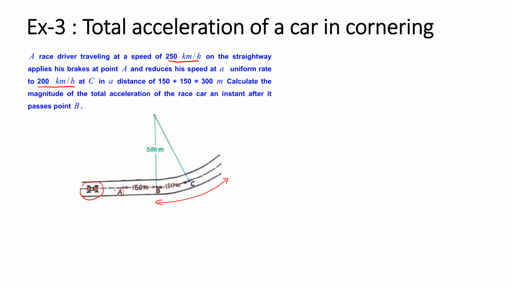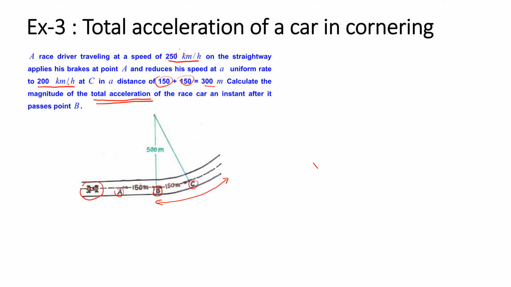So from point A to point C, with the distance of 150 meters plus, it changed the speed from the higher speed to the lower speed in deceleration. And in the problem, we need to compute the total acceleration when it passed the point B.